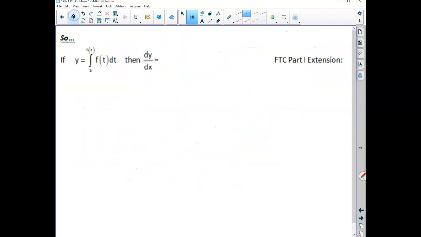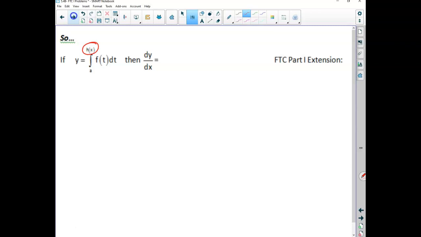One more. Ooh, this one looks a little bit different. This is a little extension yet to this. So if y equals the integral from a to h of x, a function, for gosh sakes, of f of t dt, then dy/dx has to equal what?